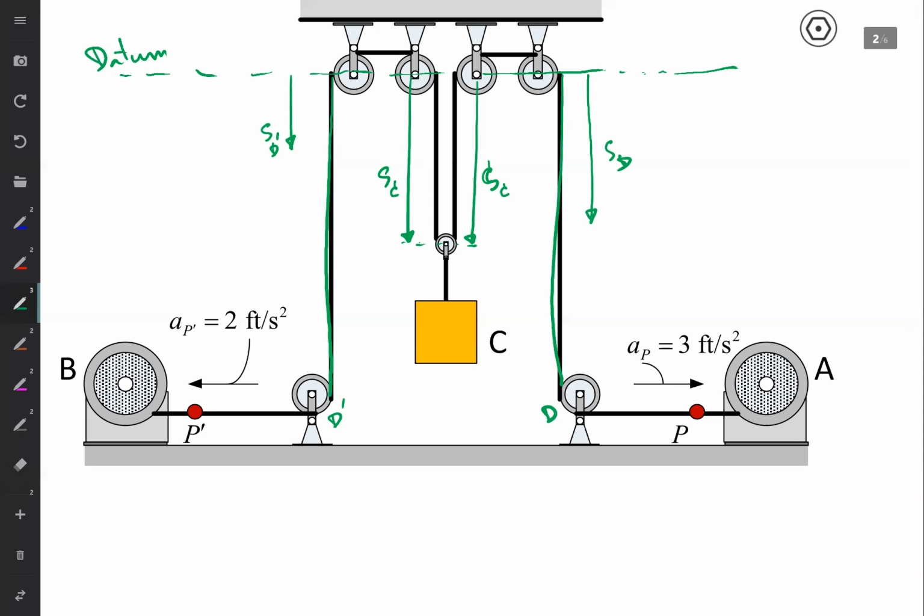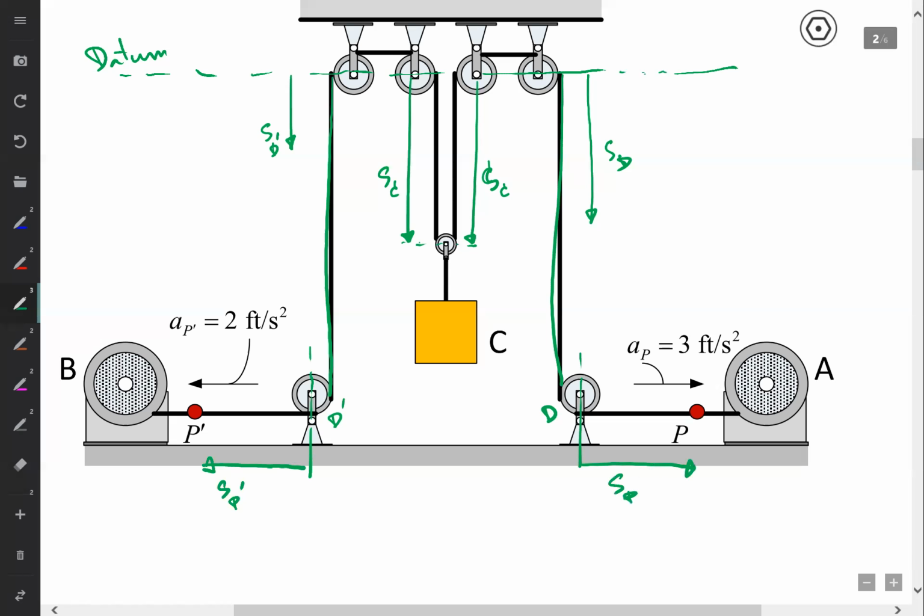And also don't forget to set up another reference for each pulley in the horizontal line. So from point D prime to point P prime, we have SP prime, and from this point to point P, we have SP.